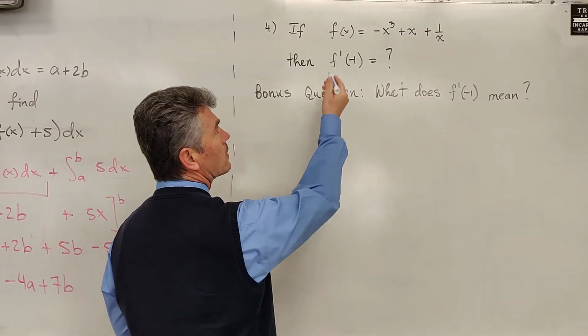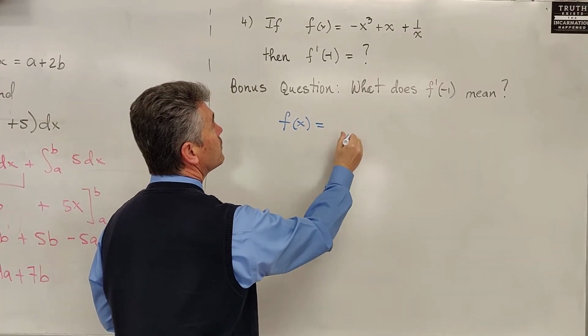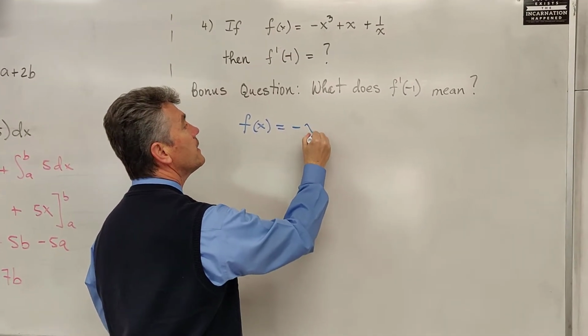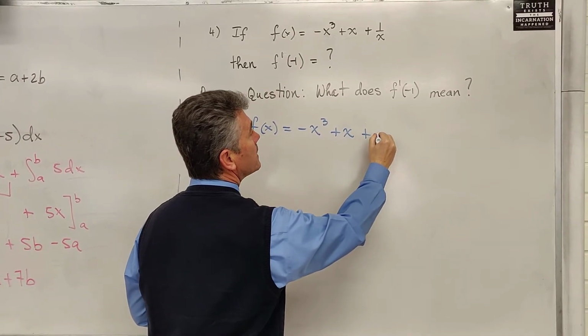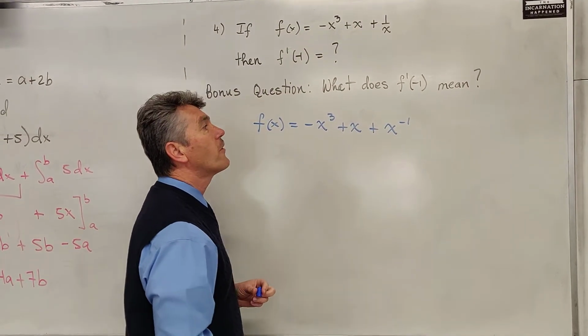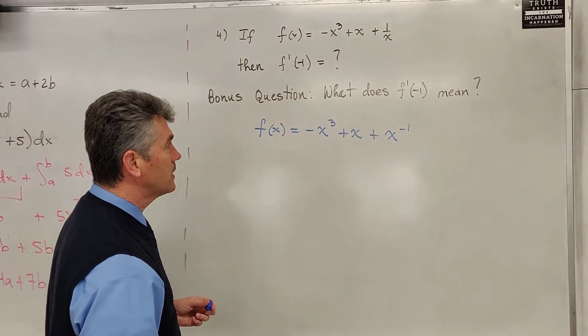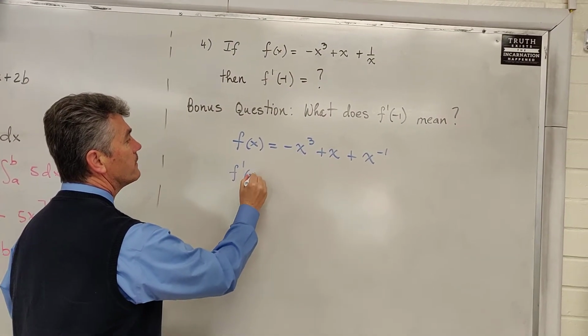The first thing that you want to do is rewrite f of x. F of x is equal to negative x cubed plus x raised to the power of negative 1. So 1 over x is the same as x to the negative 1. And now we take the derivative.